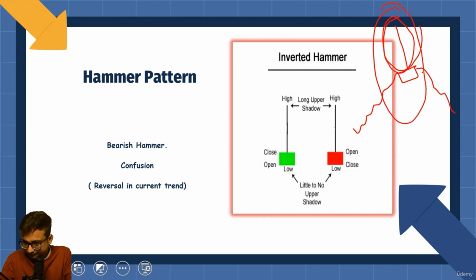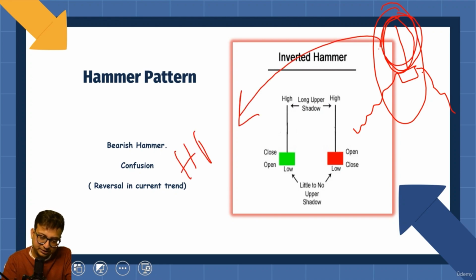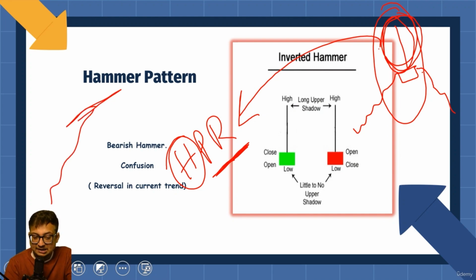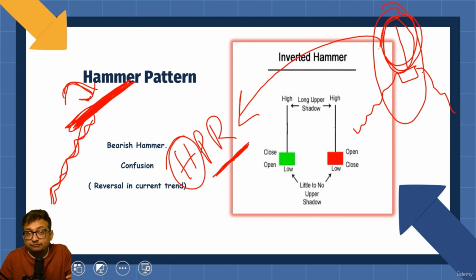This portion is called HPR, which means the price got a rejection from a higher level. The price wanted to go high, but it got a rejection from a higher level because of the bear's pressure. You understand this? The market wanted to go like this, but it could not, because there was a rejection from a higher price, and because of the higher price rejection, the market went down.